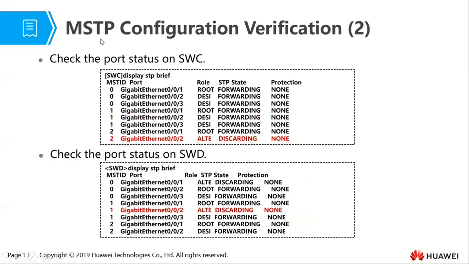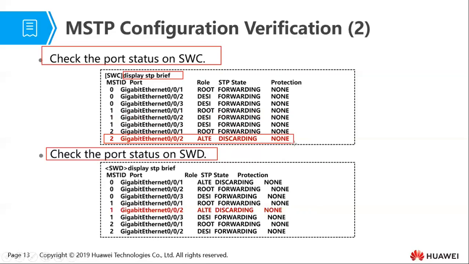Okay, so we can also check the port status. For example, switch C and switch D are access switches. They're the ones connecting to PC1 and PC2 respectively. If we do display stp brief for switch C, for MSTI2, then this interface GigabitEthernet 0/0/2 is blocked.